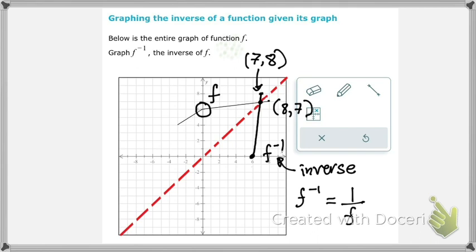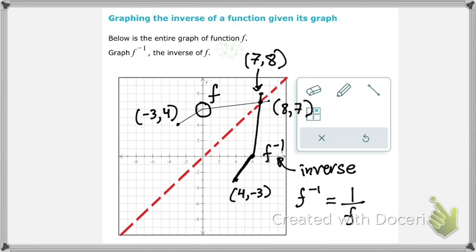And then this point here is at -3, 4. So if you've been following along, what other point do I know I have? I know I'm going to have 4, -3. So I'll put that point, and let's connect to that, and that's it.